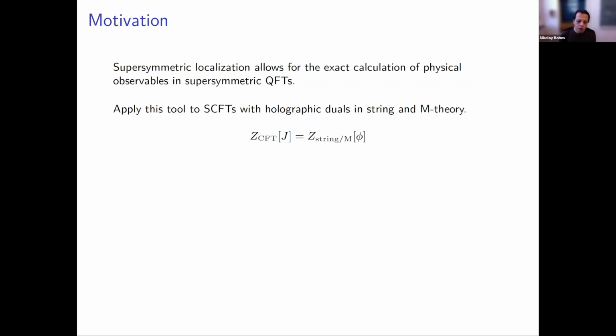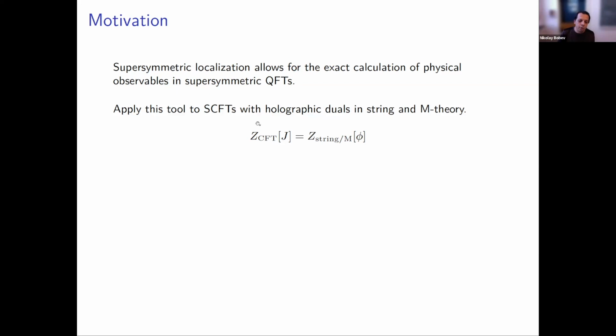And in many instances of AdS/CFT, people try to compute the right-hand side here, or at least in some approximation, like a supergravity approximation, and learn about the left-hand side.